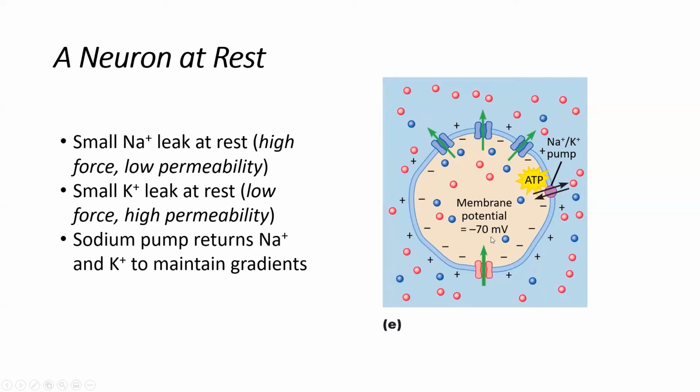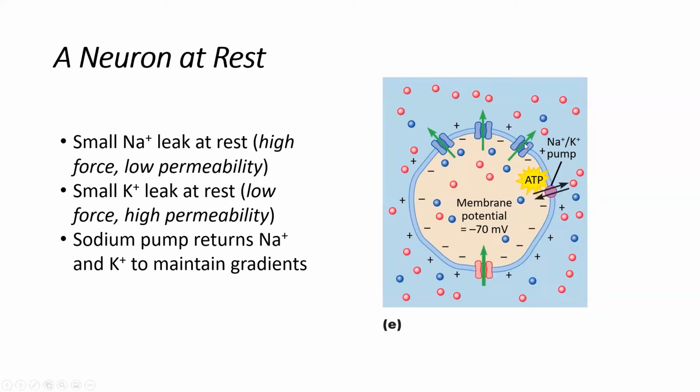Now, we talked about the difference in permeability. Remember, we said that there were more potassium channels, so the membrane potential at rest more closely resembled the equilibrium potential for potassium. And so this means that there's more positive charge leaving the cell, right?